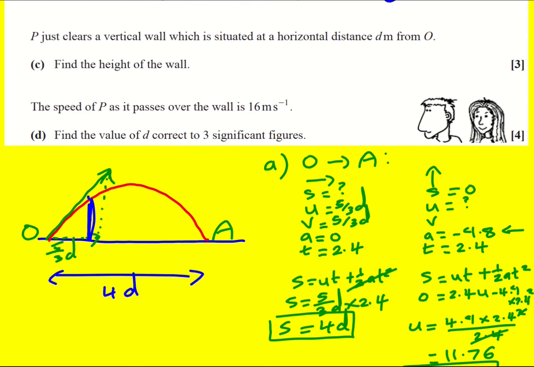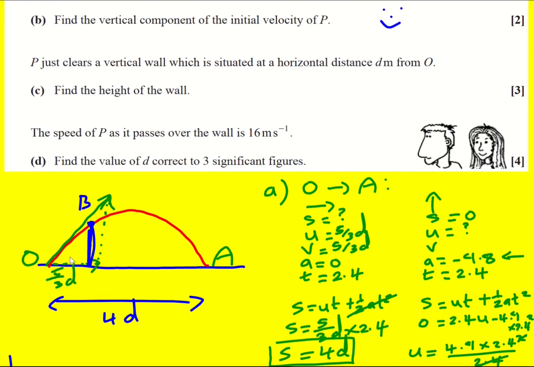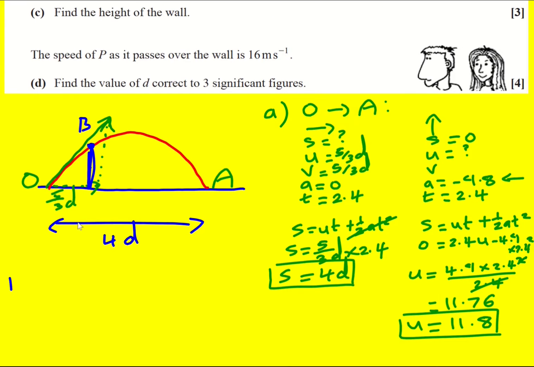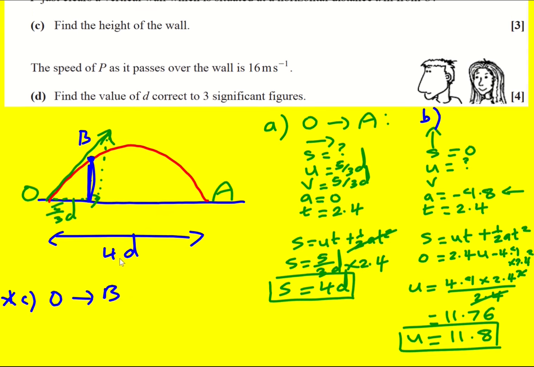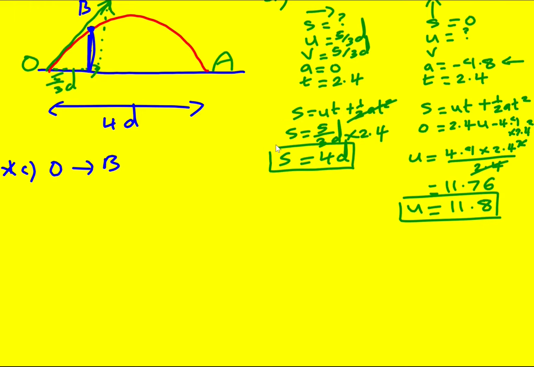So I'm going to say the position here is now B. This is part C, that was part B. So I'm going to be applying suvat from O to B. Just clear it, and we're told the horizontal distance is d.